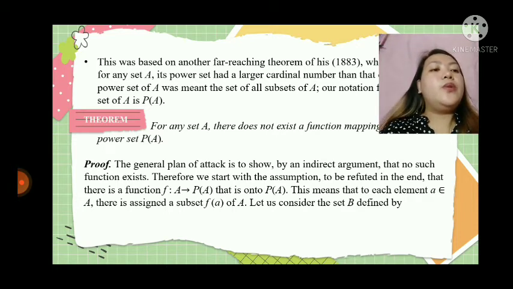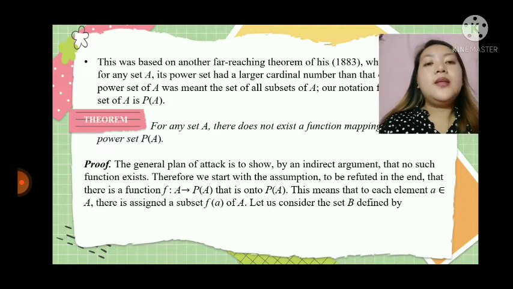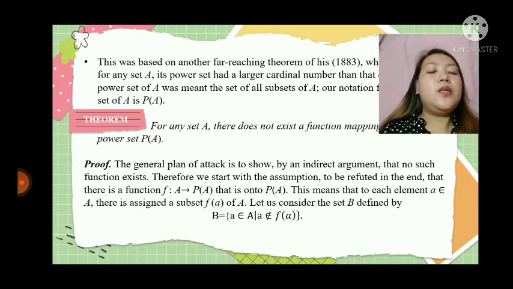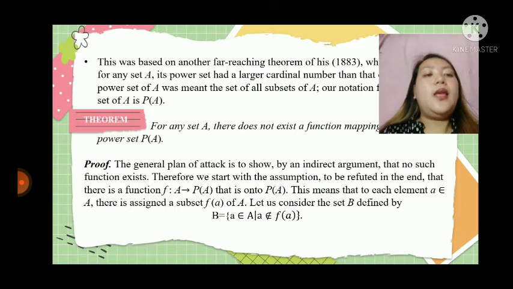This means that to each element a in A, there is assigned a subset f(a) of A. Let us consider the set B defined by B = {a ∈ A : a ∉ f(a)}.